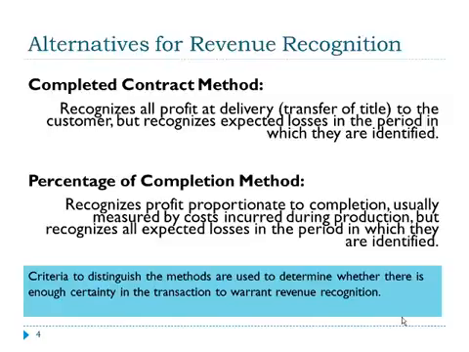So both of these methods recognize expected losses early while a project is still under construction. What differs between the 2 of them is completed contract still recognizes profit at delivery, which is the normal situation in usual accrual accounting, but percentage of completion allows the early recognition of profit while construction is going on.